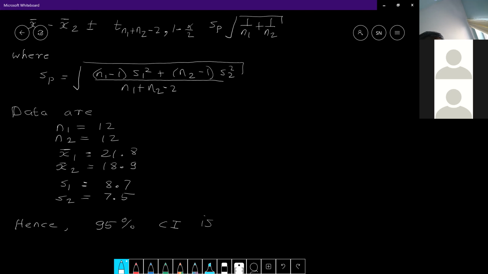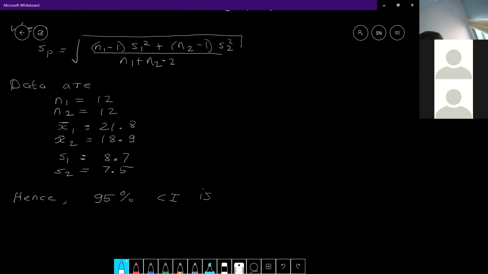So it's going to be 21.8 minus 18.9 plus or minus t with n1 plus n2 minus 2, which is 24 minus 2 degrees of freedom. Alpha is 5%, so 1 minus alpha over 2 is 0.975, times Sp.